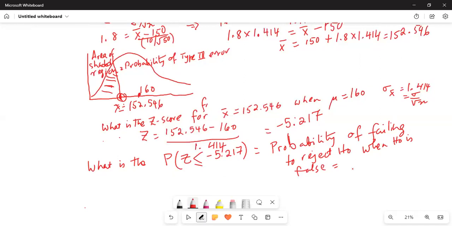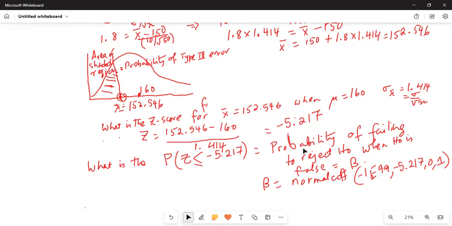or beta, and you can use your calculator for that, so it will be normal CDF in TI-84. We are starting from a very large negative number, minus 1 E99, as the lower boundary. My upper bound is minus 5.217. My mean is 0. My standard deviation is 1.